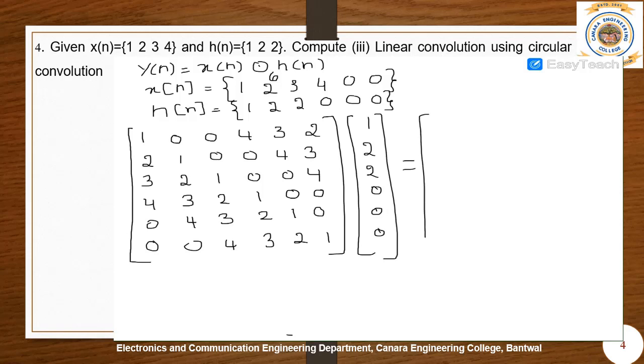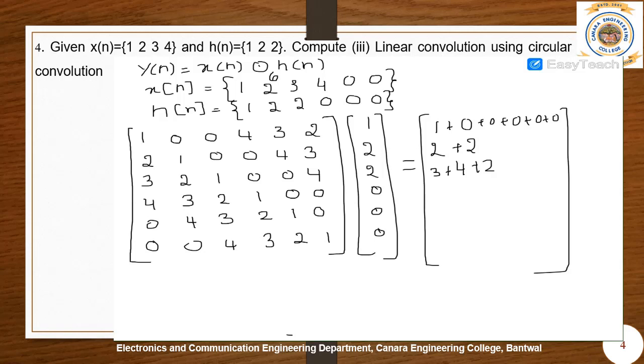So we get this as 1 plus 0, 0, 0, 0, 0. This is 4 plus 2. It is 1 into 1, so it is 2 plus 2. 1 into 3, 3 plus 4 plus 2.